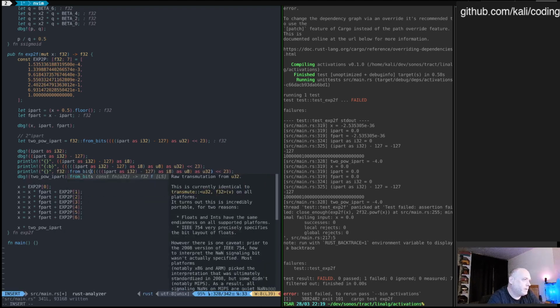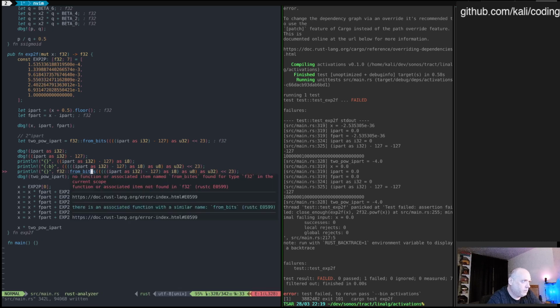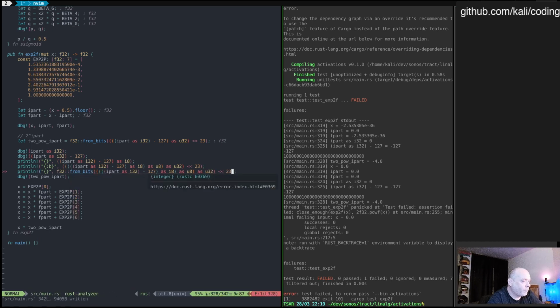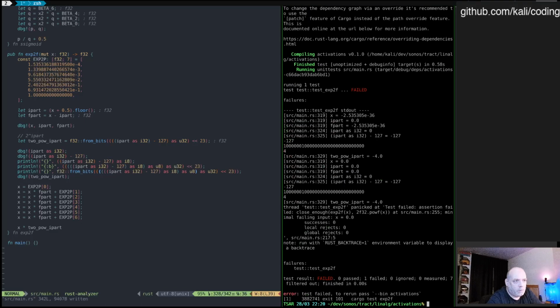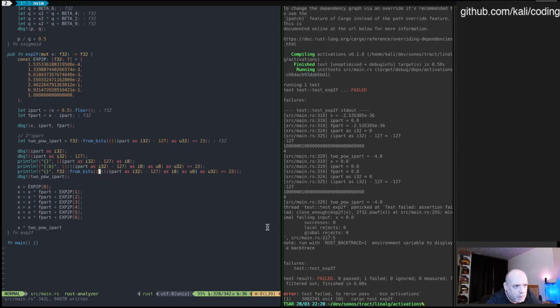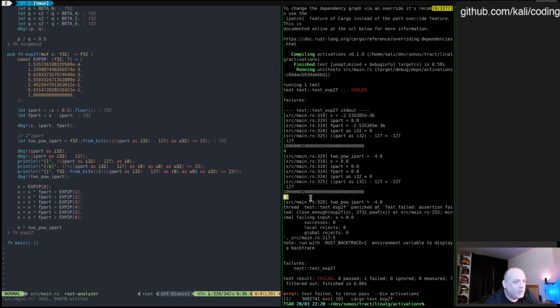F32 from bits. Nope. Okay, so print, that's a 4.